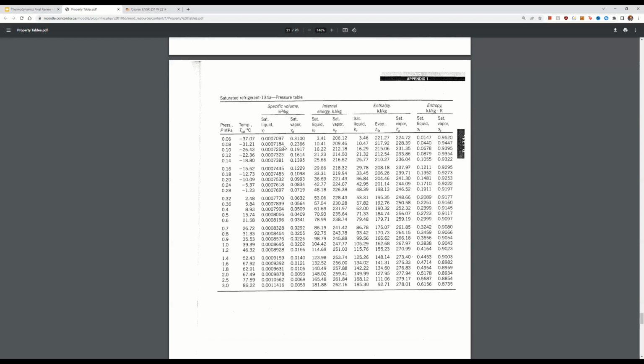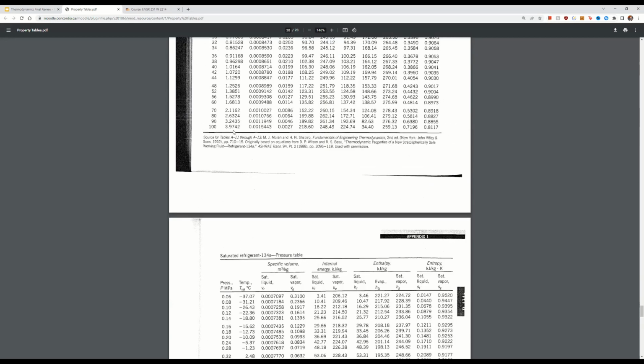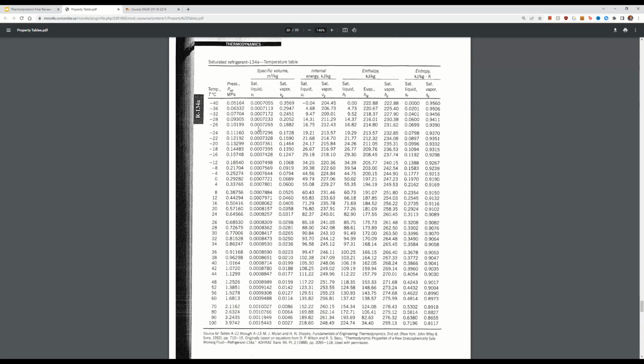You need two independent intensive properties to find all the other properties. So if you're in the mixture phase and you know that you're not in the saturated liquid or saturated vapor phase, you're in between, then you can't use temperature and pressure to find the other properties.